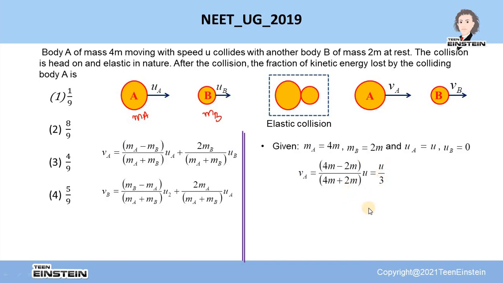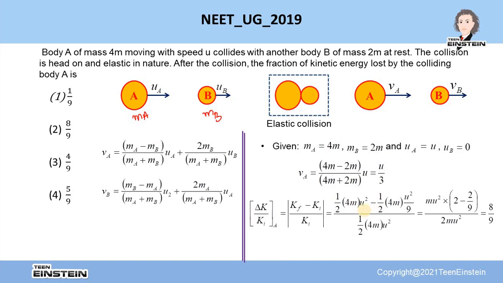Now we can use this velocity VA to calculate the kinetic energy after collision, and we know the kinetic energy before collision. So the final kinetic energy and initial kinetic energy are calculated. Then you can take the difference of those kinetic energies and divide that difference by the initial kinetic energy.